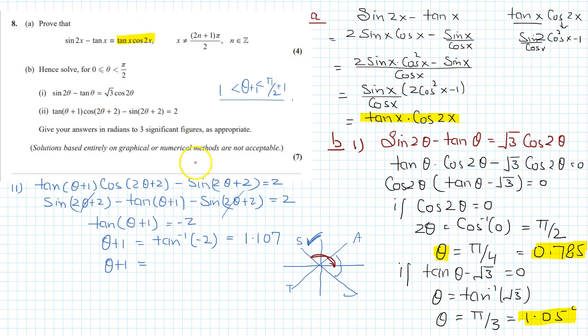So theta plus 1 will be pi minus this, so that is 2.034. So theta will be 1.034. Up to 3 significant figures, theta will be 1.03. So that is the answer of this part.